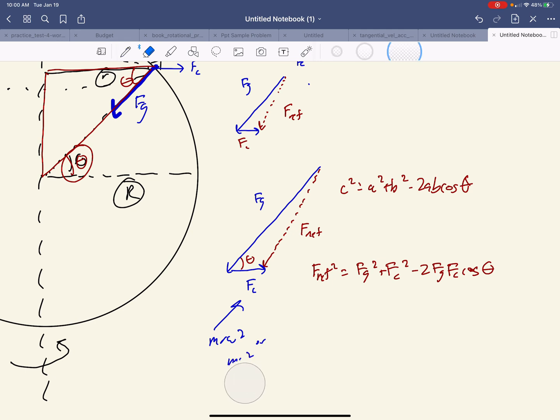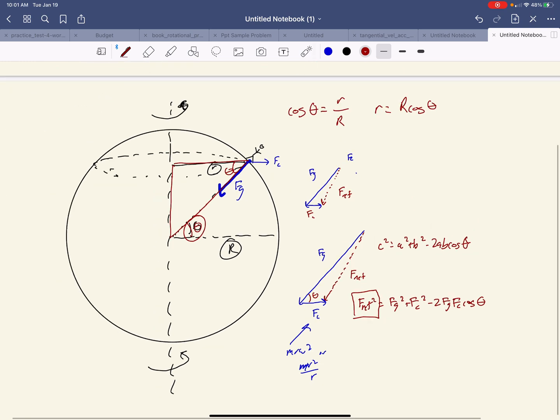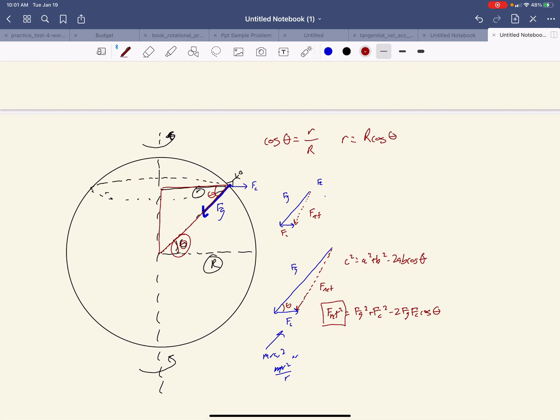Sorry, not capital R. And remember, r is whatever your adjusted radius is. All right, so this is going to be how we calculate the actual free fall acceleration at any given point on the Earth.